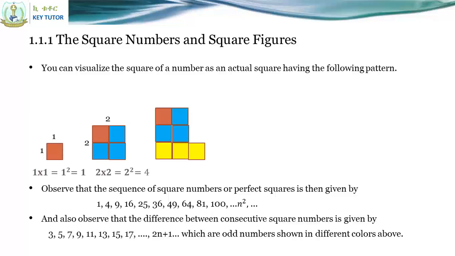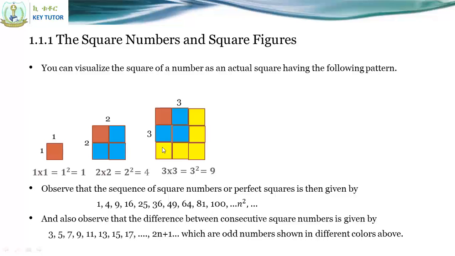Let's see a 3 by 3 unit square figure which has an area of 9 square units. Now you can observe that we have added 5 more squares onto the previous 4 squares to get a 9 square unit figure.